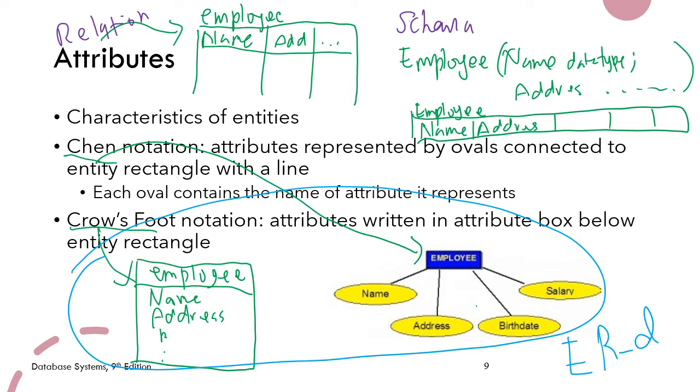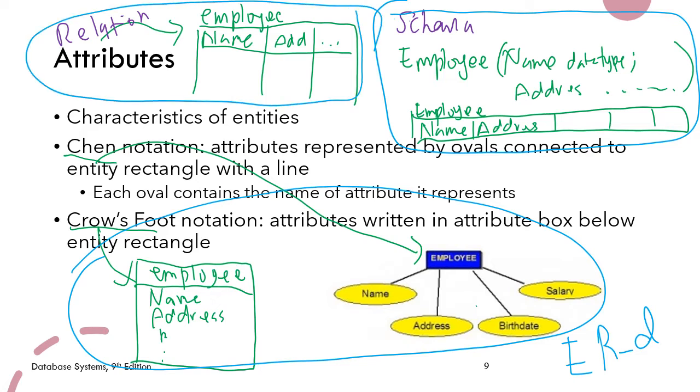And this is a schema. This is a relation. Don't confuse yourself. So during the examination, maybe you need to remember the keyword, whether it is to write the ER, whether it is to write the schema, or to write the relation.